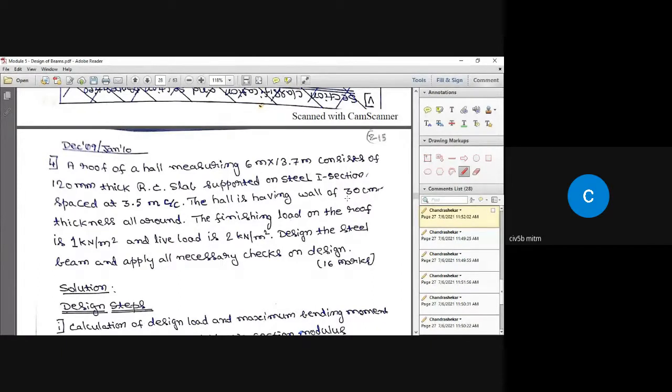So there is a hall measuring 6 meter by 13.7 meter, and that is the inside dimension. And the wall thickness is 30 centimeter. And the spacing of the I section is 3.5 meters center to center.